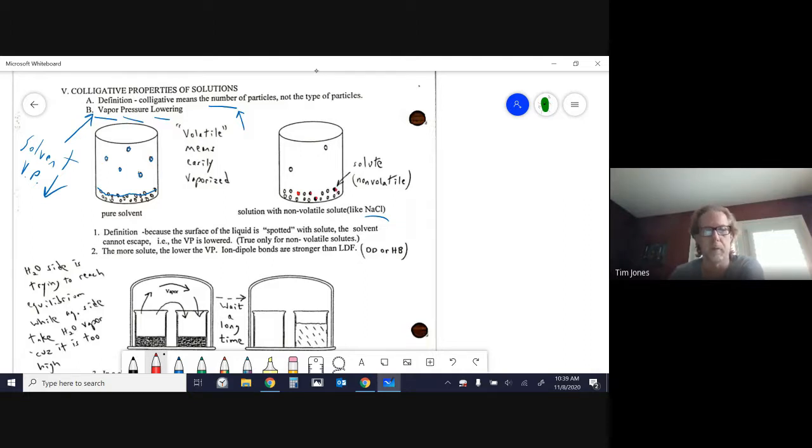What happens is these interactions between the solute and the solvent make it harder for the solvent to escape. So you don't get as many particles, and I've shown that by just drawing two waters in this case, and that's why the vapor pressure goes down. Now notice I said non-volatile solute. If the solute is volatile, meaning the solute itself has its own vapor pressure, well, now you have a different situation, and we'll talk about that later.